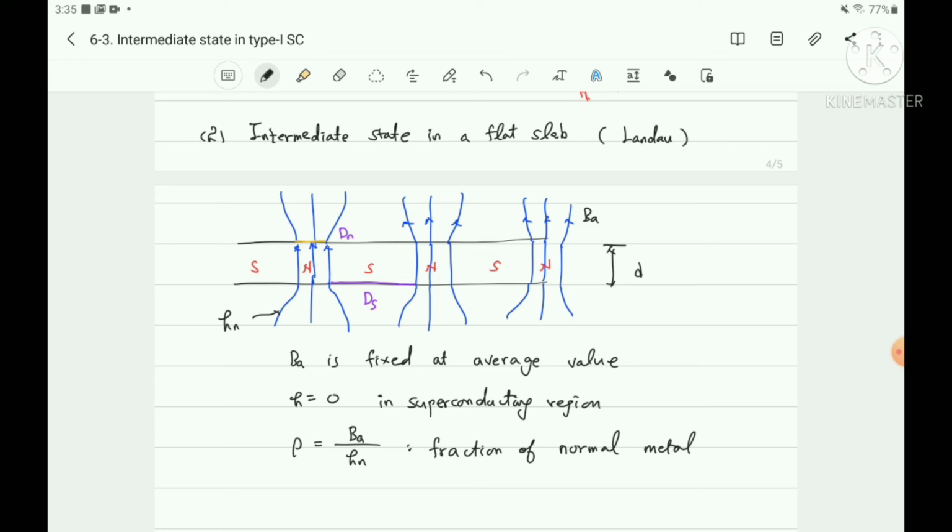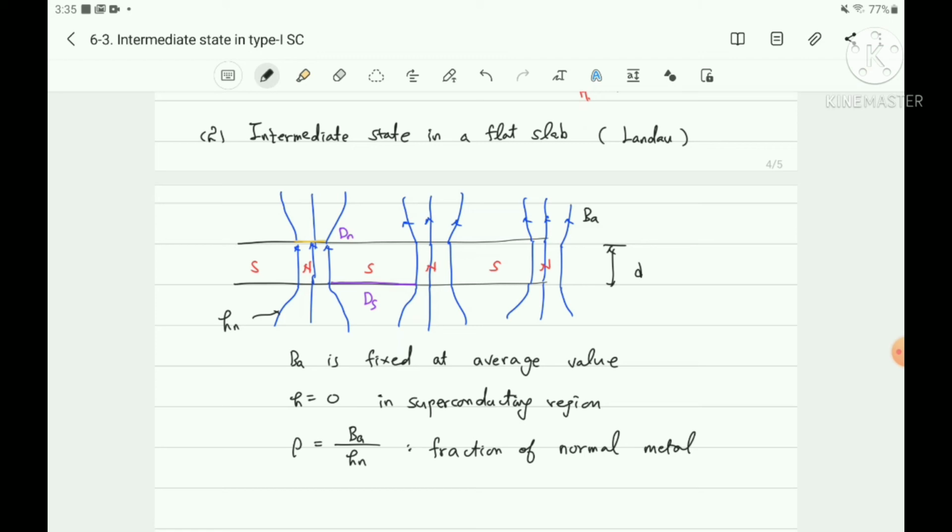In this case, I say that we compare the free energy of the superconducting state and the normal state, and in nature the free energy should be minimized.